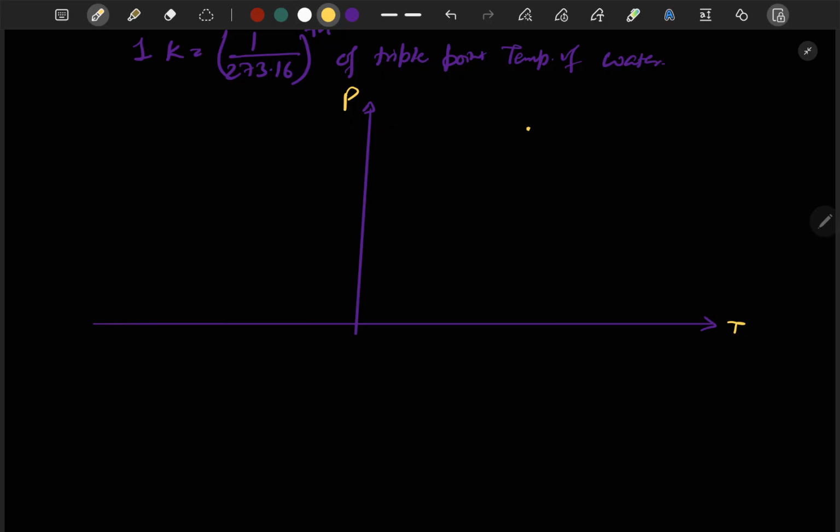Let's say there are three gases we are going to study here. The first is gas A, which is at 100 degrees Celsius. Not only gases, but any fluid at 100 degrees Celsius.